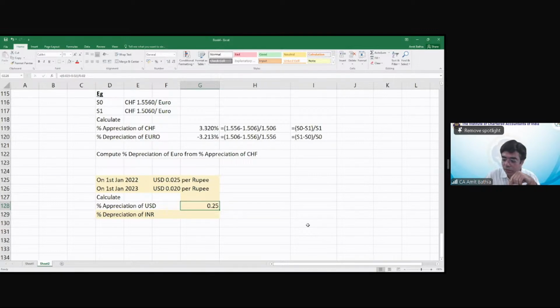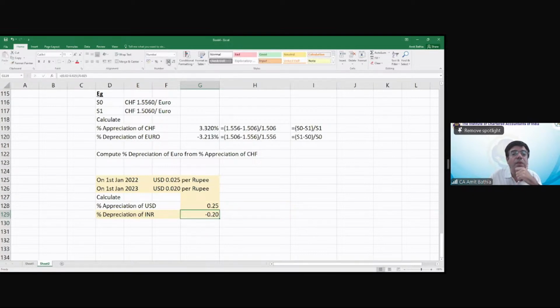Sir, appreciating, and 0.02 is base? Okay. So sorry, INR is depreciating. INR will depreciate by how much? 0.02, so spot rate minus 0.025, divided by 0.025. So this is divided by what? 0.025. Okay.